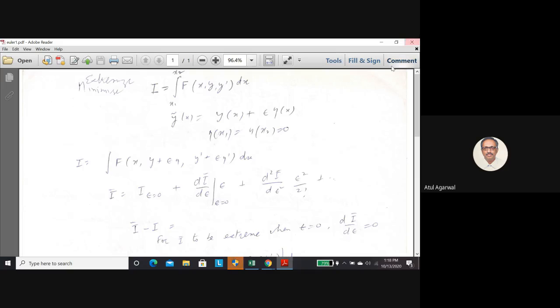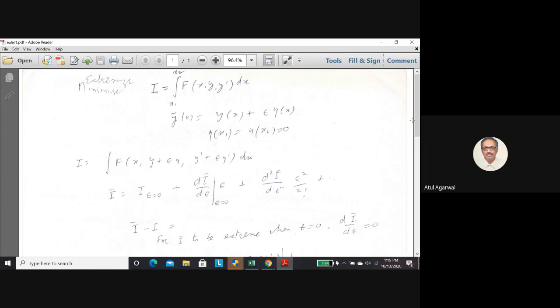Others will not give. Only the extremum will be seen for your function f only by the actual path. So this is one of the theorems which is known as the action principle. It is called the principle of least action. You Google it, principle of least action.